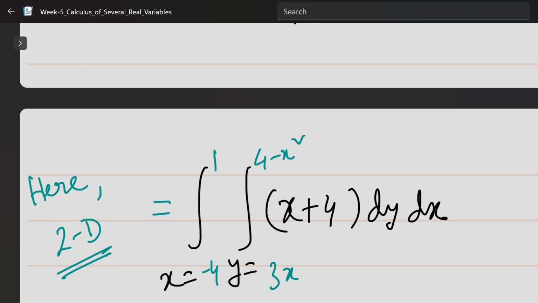So I will solve this. This is very easy, one integral. So it is x plus 4, right? So x is from minus 4 to 1, and x into y. Y means 4 minus x square minus 3x, into x plus 4. This is correct. What is the answer then?